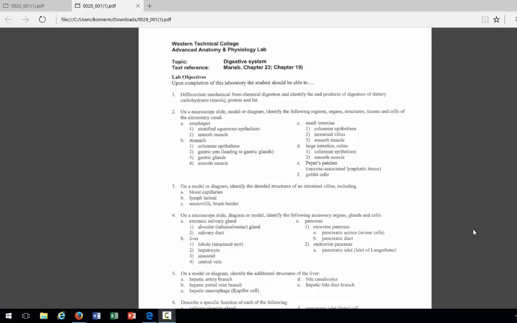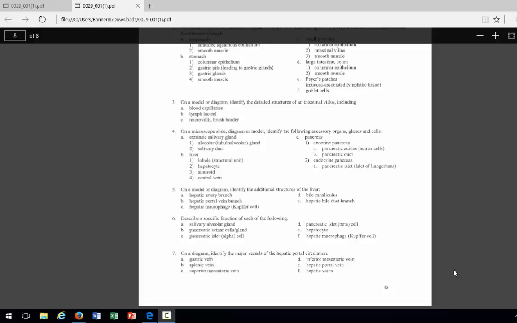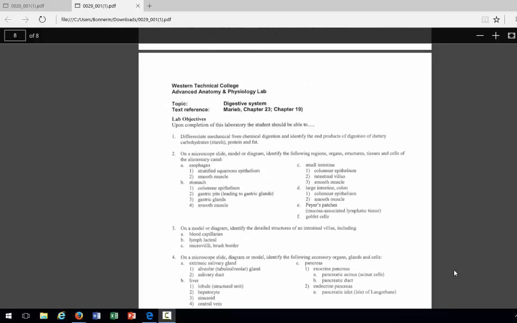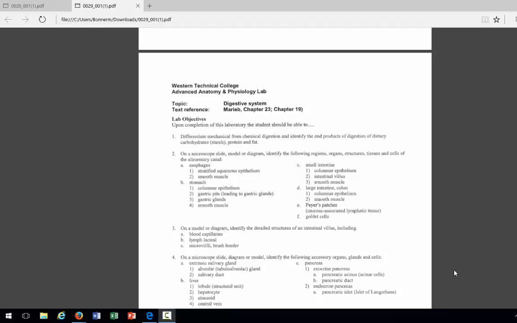Okay, so today's lab starts on page 45 in your packet, looking at the digestive system. We're going to look at some chemical and mechanical processes of digestion.